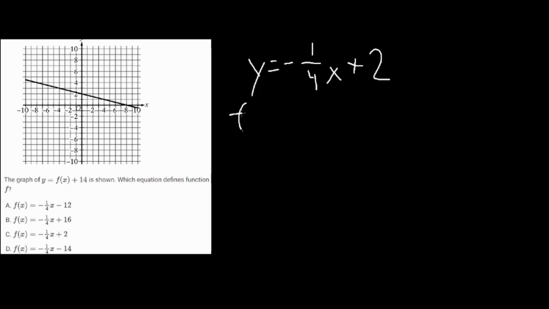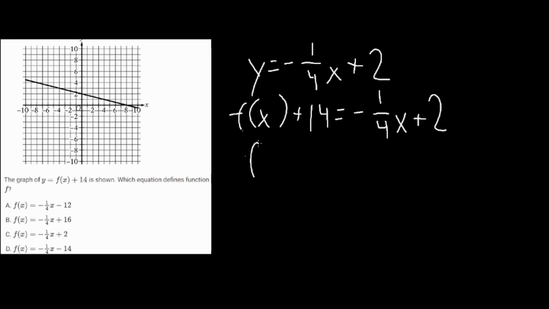So f of x plus 14 equals negative 1/4 x plus 2. Now to find the equation for f of x, we'll subtract 14 from both sides, giving us f of x equals negative 1/4 x minus 12, which is answer choice A.